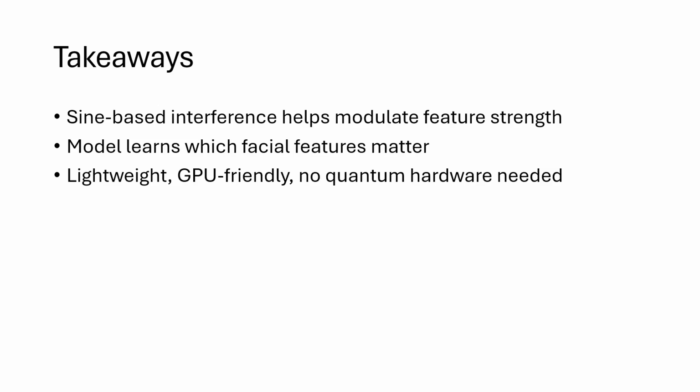First is the funnel or filter aspect of the model that does most of the heavy lifting in terms of which facial features the model has to be looking at and which ones not. So that gets the big credit. And then the sign-based feature interference also helps you decide which features or which aspects of the features are important and which ones are not.